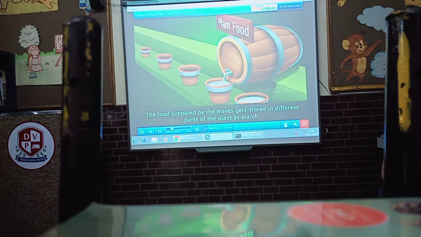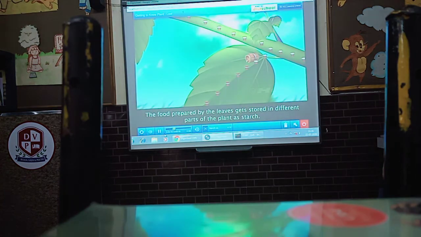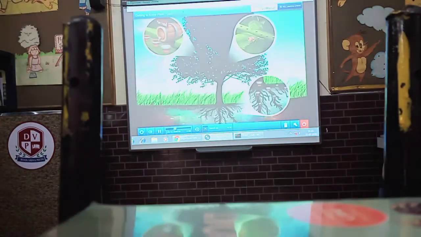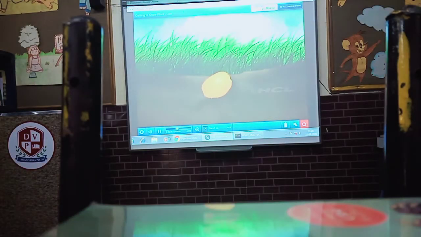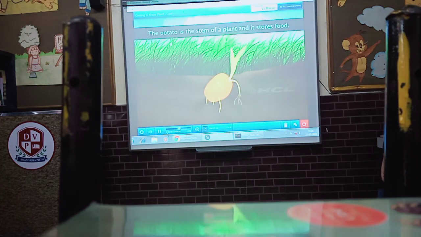What happens to the food prepared by the leaves? It gets stored in different parts of the plant as starch. The potato stores food. It is the stem of a plant.